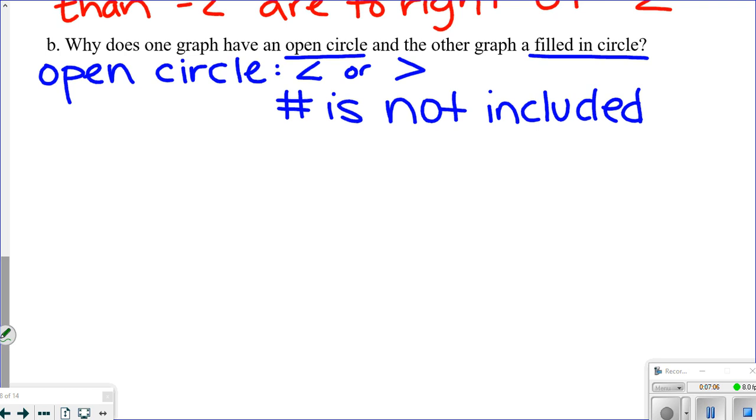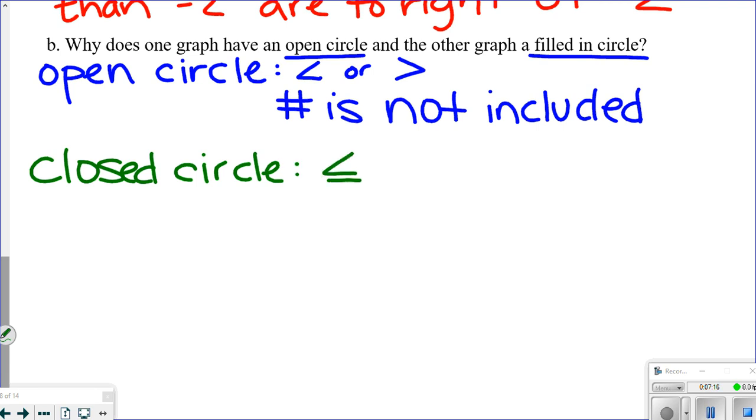The graph on the right has a closed circle or a filled-in circle because of the symbol. Less than or equal to, or greater than or equal to. This or equal to line is what tells us that we need to fill in or close our circle, which means that number, that value, is included.